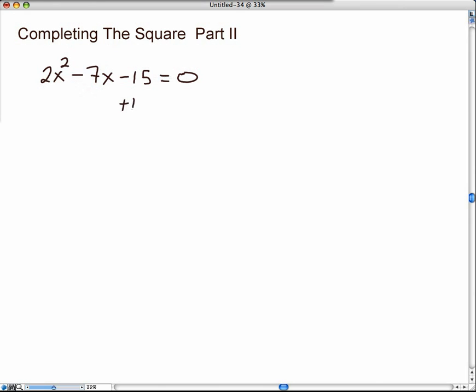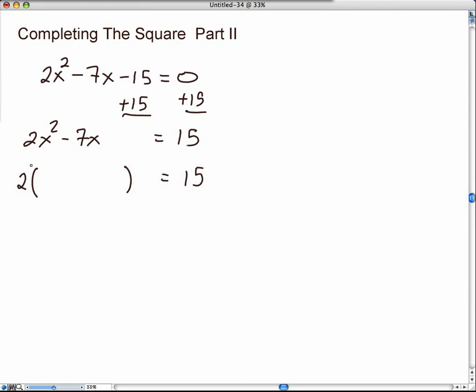So what I need to do is add 15 on both sides, so I can have the quadratic and the linear by themselves, blank equals 15. We're going to have to factor this 2 out so I can create the perfect square trinomial. Another reason I want to factor out the 2 is so I can graph.